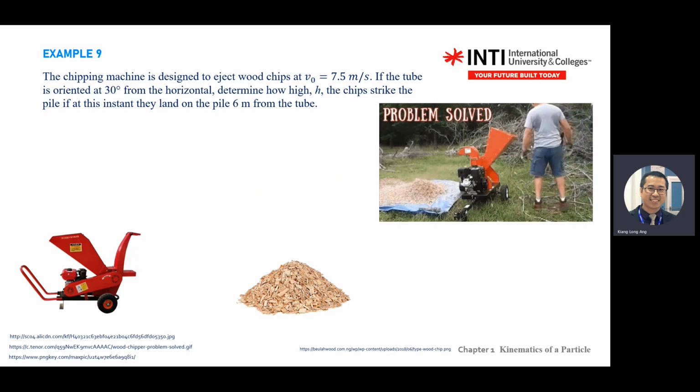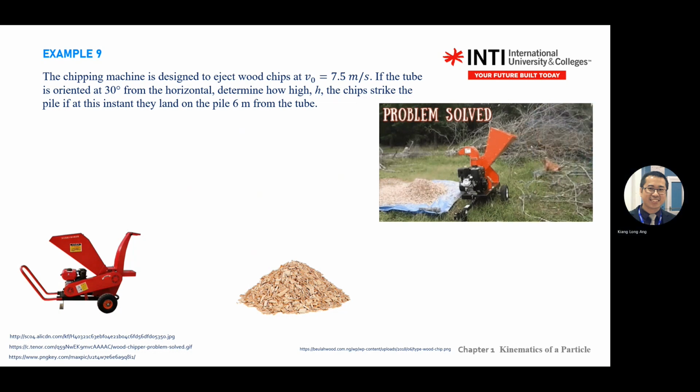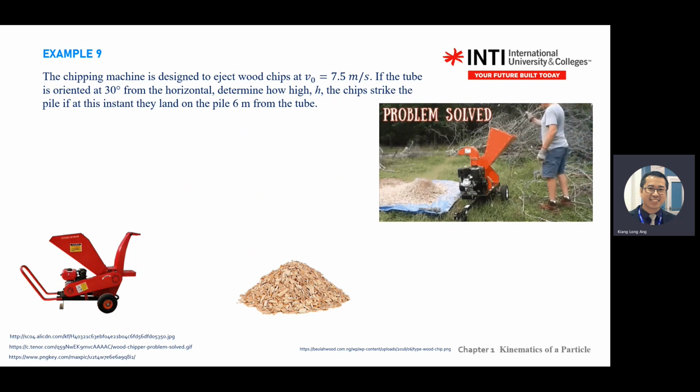It gives you the initial design to eject with velocity 7.5. If the tube is oriented 30 degrees from the horizontal, means this head moves 30 degrees up. Read the question carefully, sometimes it moves down or moves up.